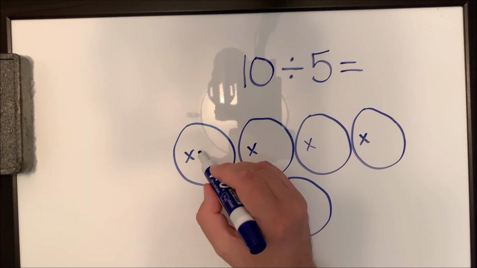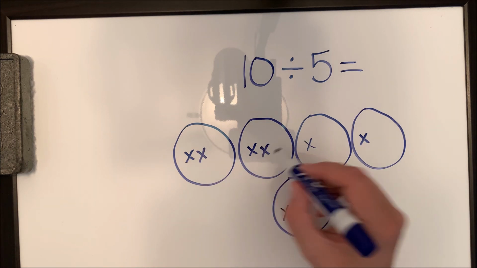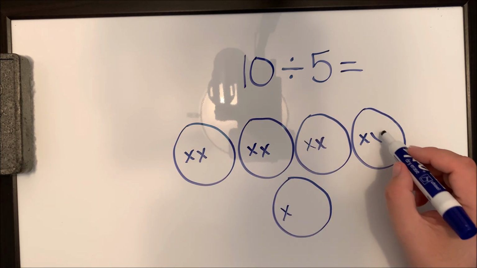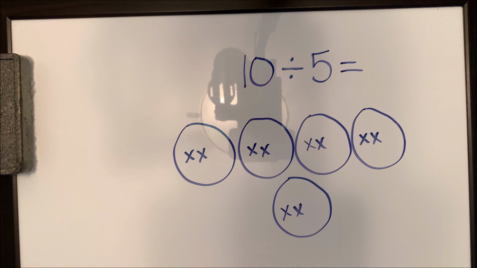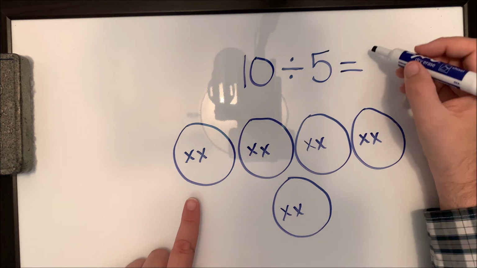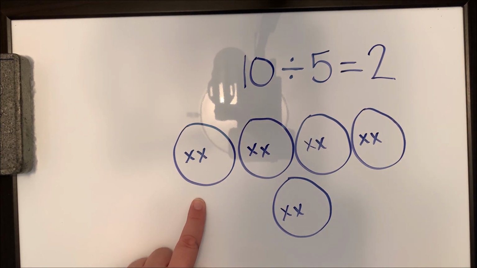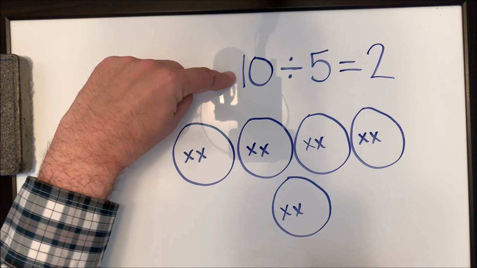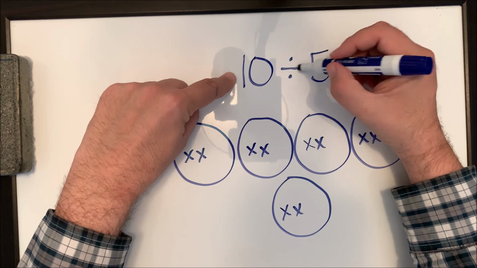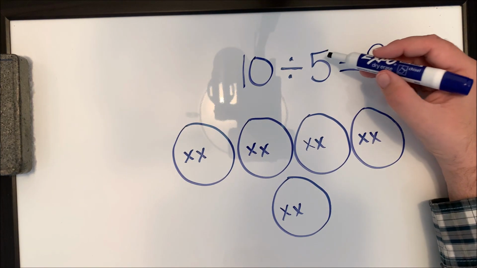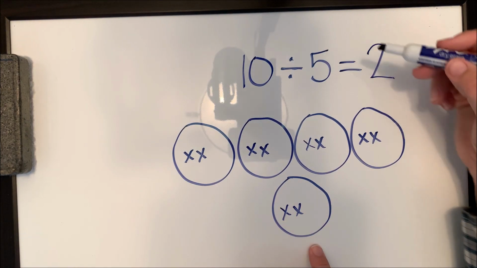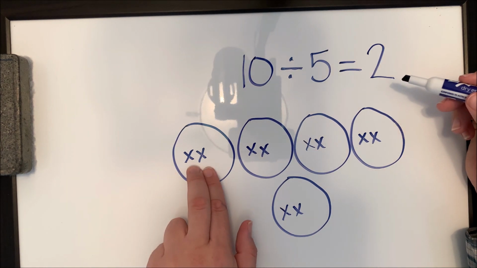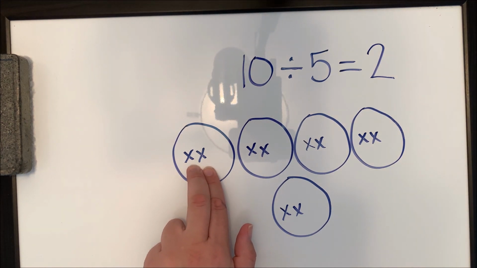So it's 5, 6, 7, 8, 9, 10. So my answer or quotient is 2, because I have 2 apples in each basket. So 10 apples divided into 5 equal groups equals 2 apples in each group.